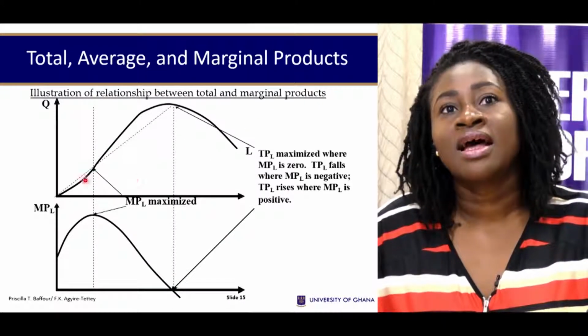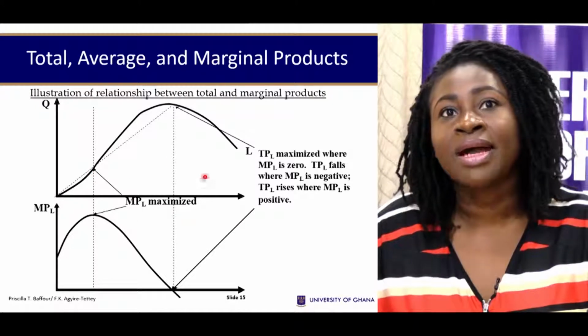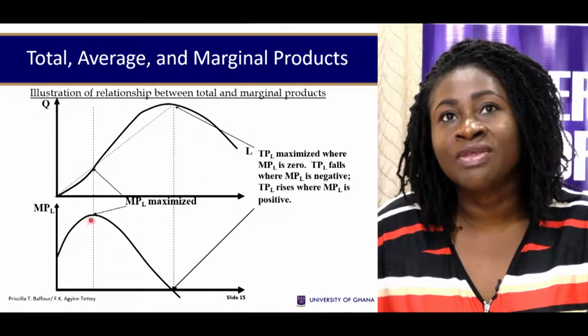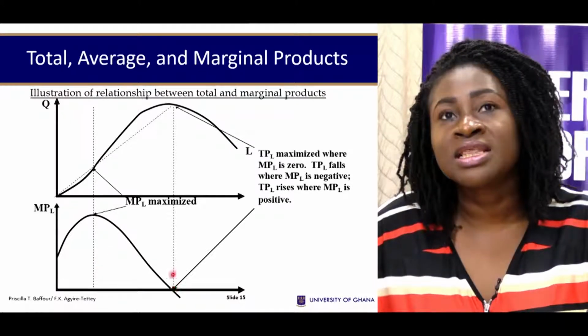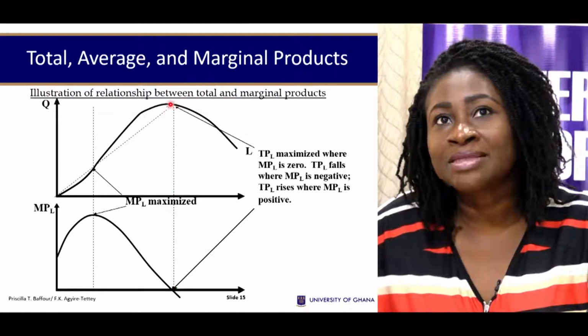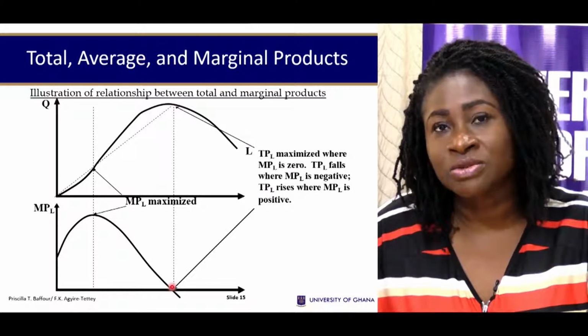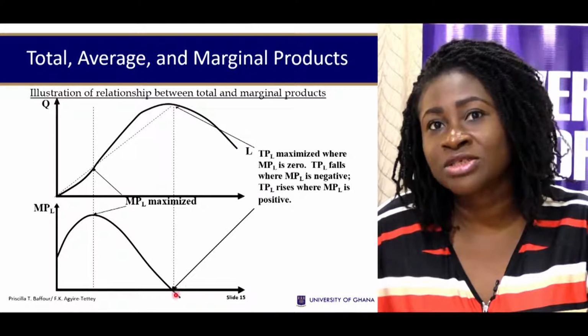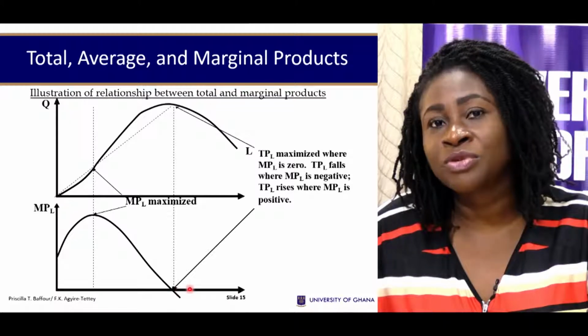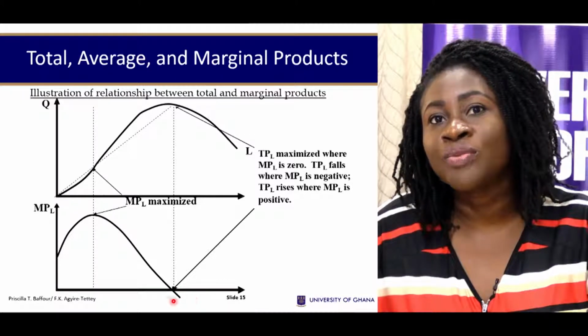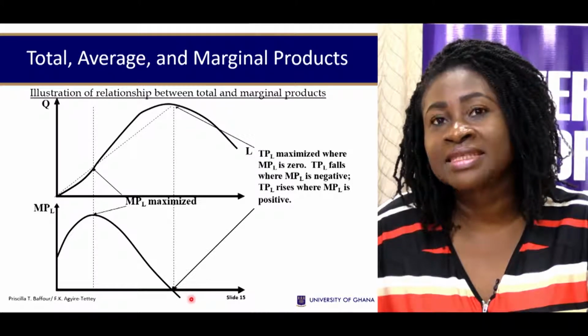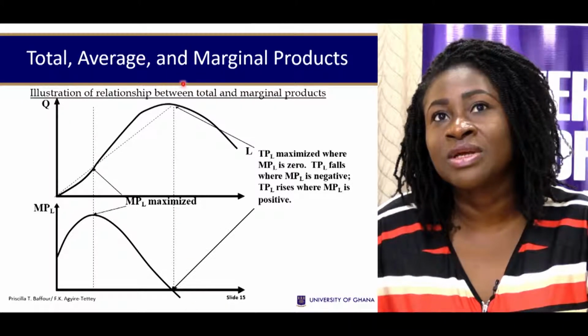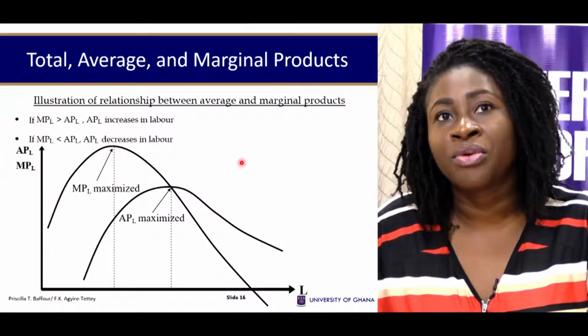So this also breaks it down by looking at trying to derive the marginal product from the total product curve. So you see that when total product is at the maximum, marginal product is equal to 0. Right? Any further addition to variable input, which is labor, will lead to a decrease in what? A negative marginal product, and that will decrease total products.